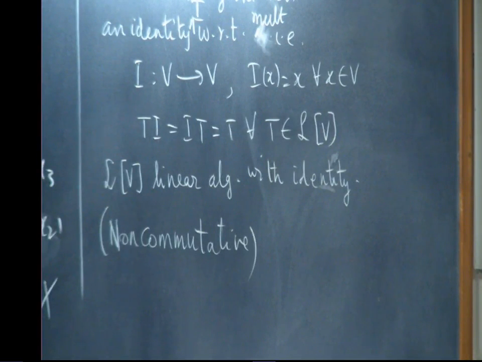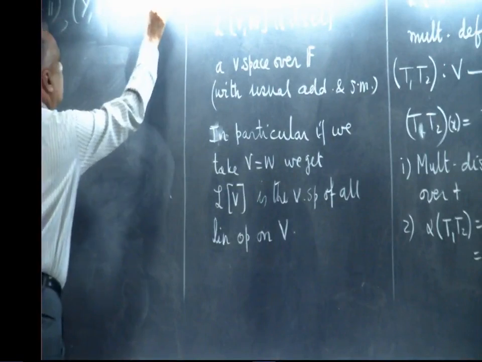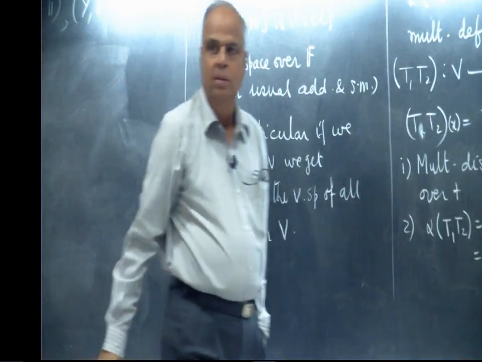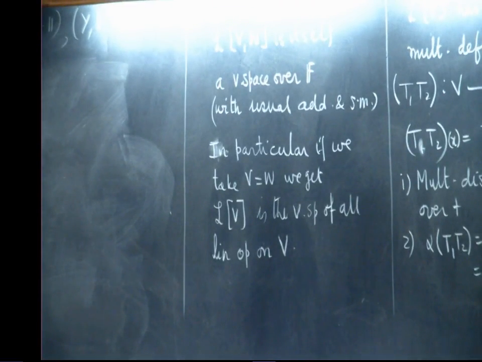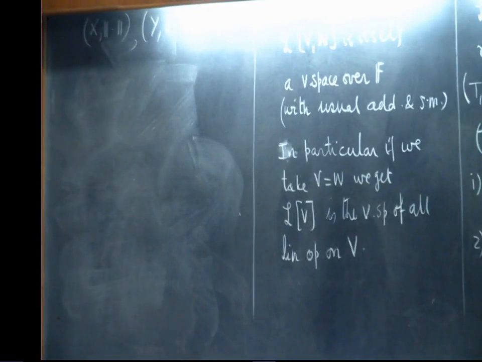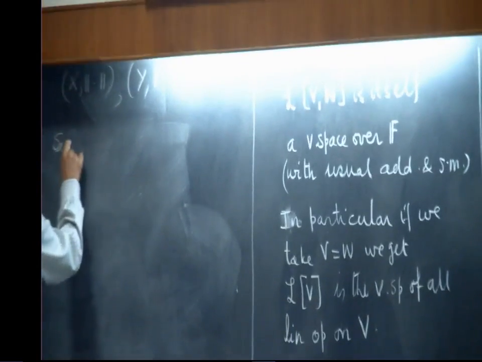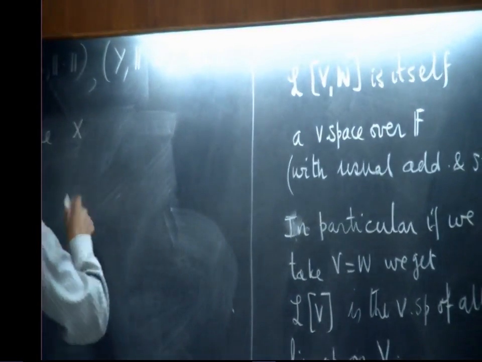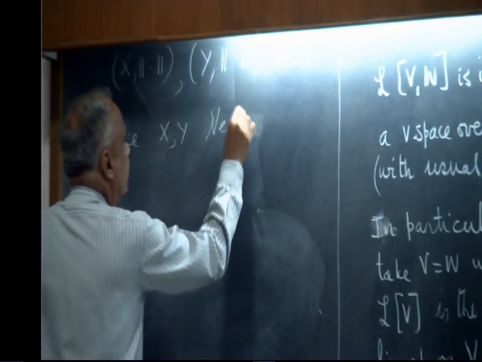X and Y are normed linear spaces, and first of all, since X and Y are vector spaces, all this can be done. Basically I am quickly reviewing what I did.